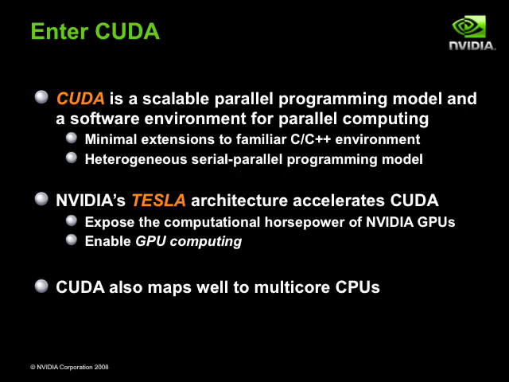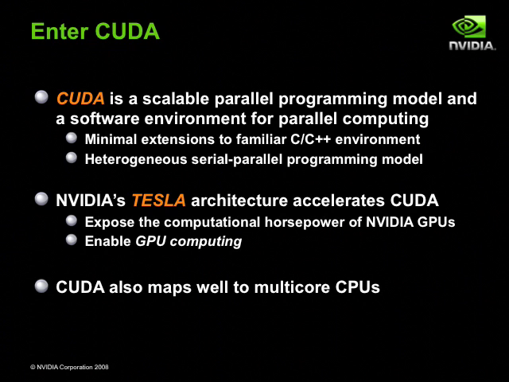Serial portions of the application are run on the CPU, while parallel portions of the application are offloaded to the GPU. This allows for incremental modification of CPU code to utilize the GPU. These features of CUDA can result in significant application speedups with relatively little effort.